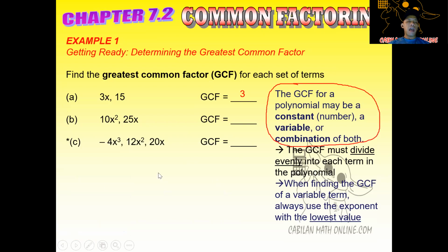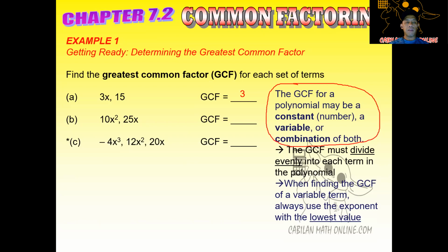All right. Now, this next one might be a little bit tricky. For the second one here, we have 10x squared and 25x. Let's first take a look at the number. When you look at 10 and 25, there's actually a couple of numbers that can potentially go into both.